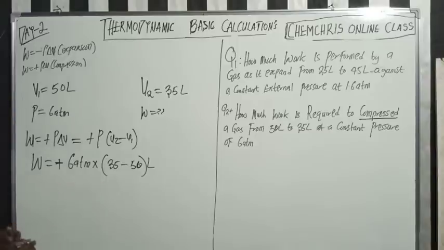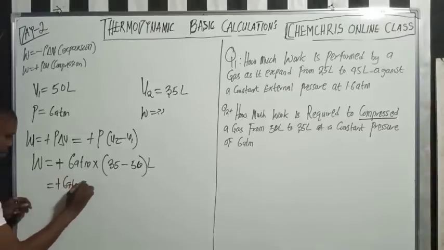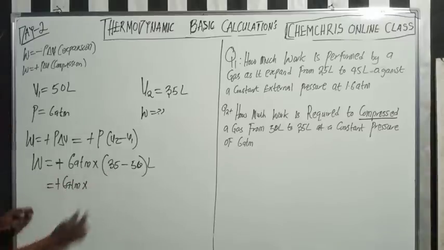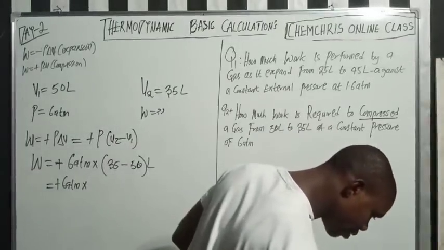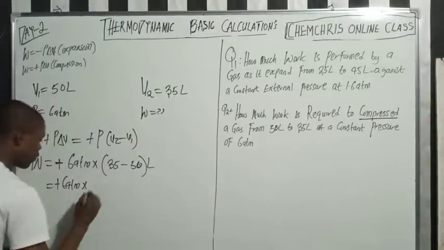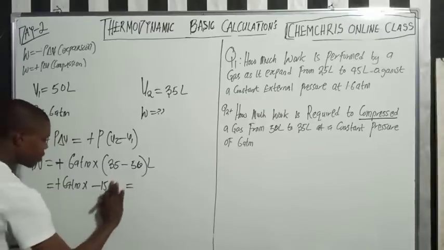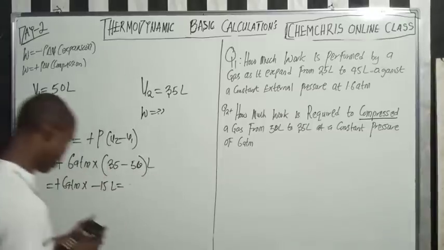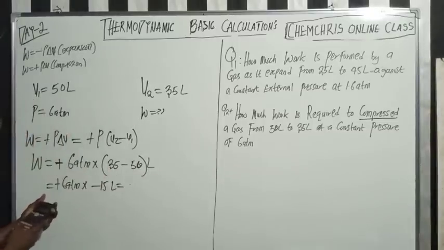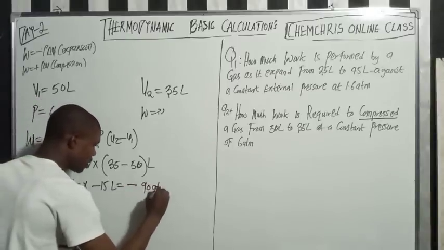So 35 minus 50 is minus 15 liters. So 6 times 15 here I have minus 90 atm liters.